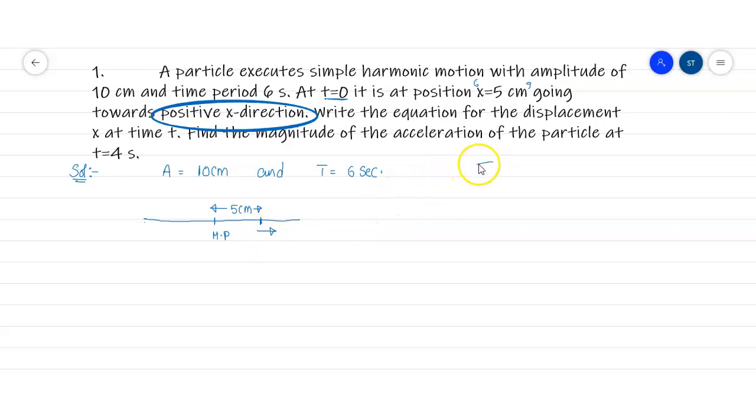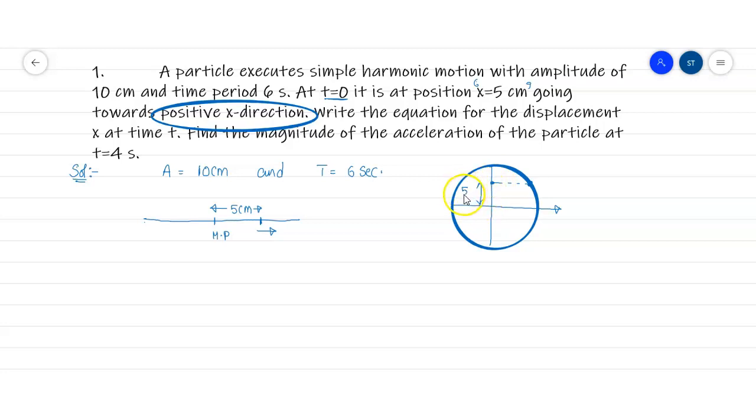So if we represent the same thing in a circular representation, this is our y-axis and this is our x-axis. Particle is moving away from the mean position and it is in the positive x direction. So particle has to be in first quadrant and its shadow will be somewhere here. This distance is given as 5 centimeters.